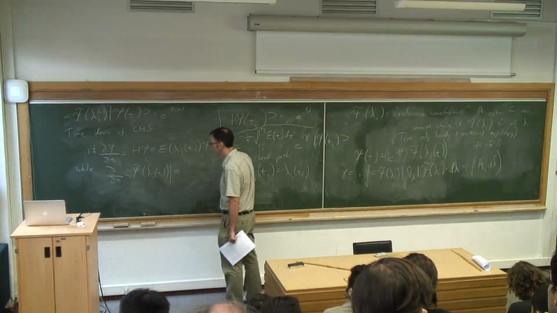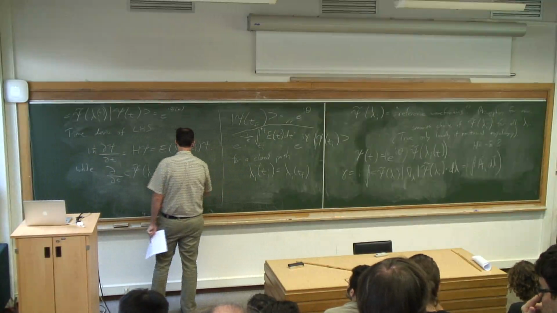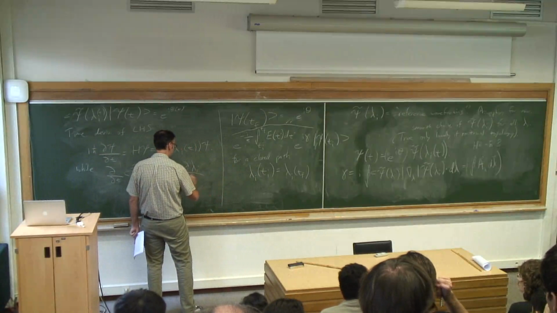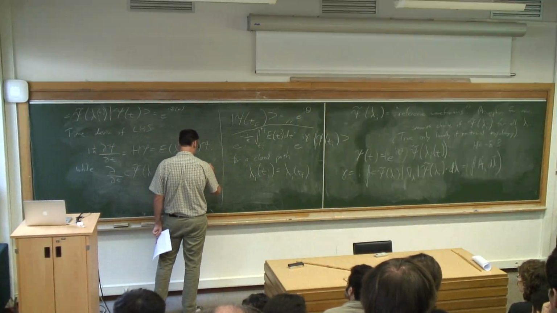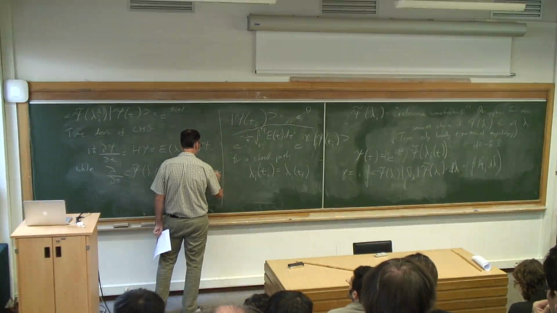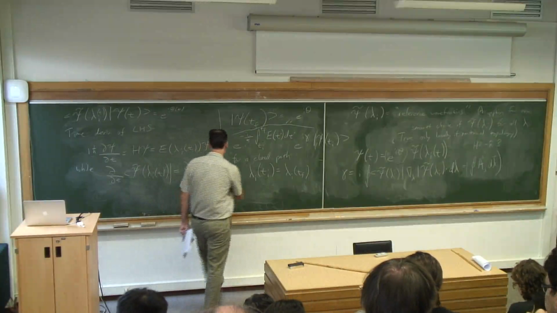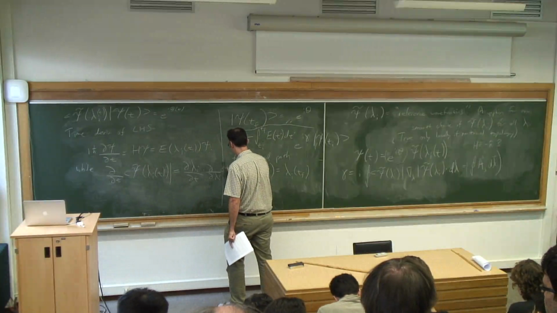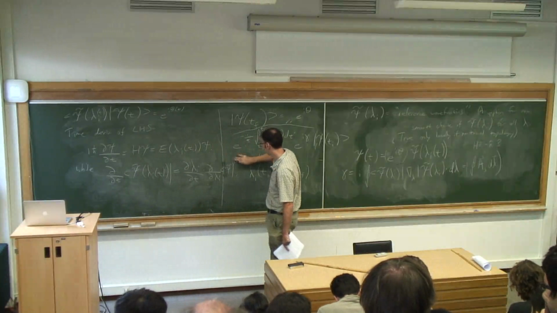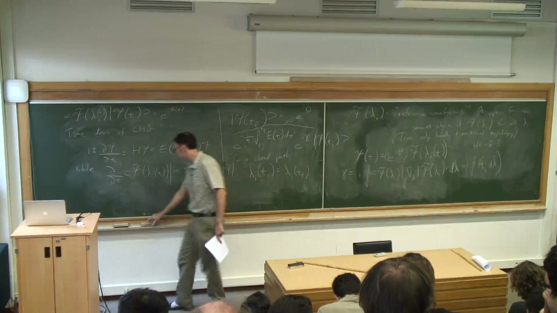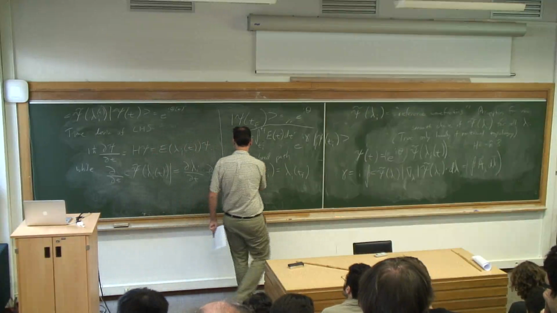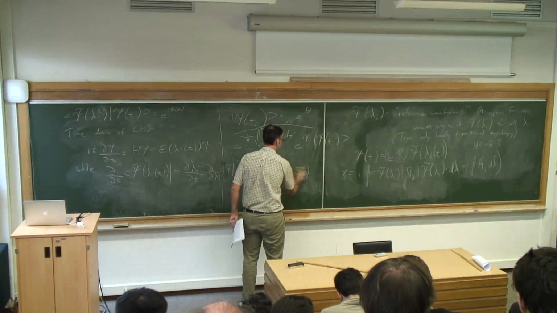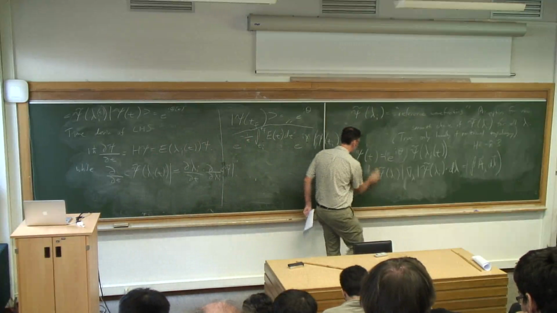So that gives me a d lambda I dt dot partial lambda I of the ket. Okay, so combining these two, I get a pretty simple expression.